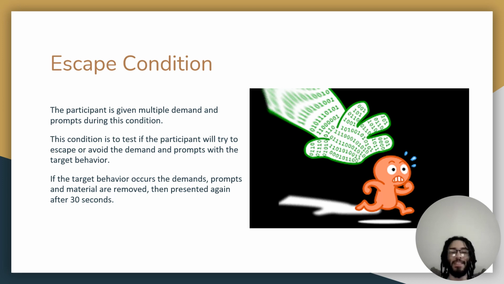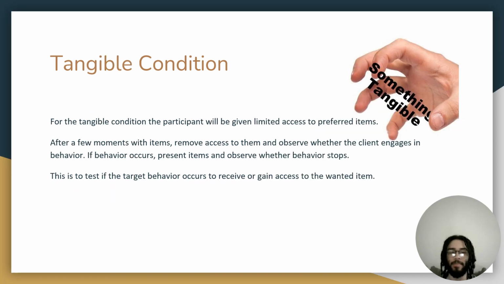This implies that the participant is attempting to escape your demands by engaging in the behavior. If the behavior occurs, remove all of the materials and remove the demands for about 30 seconds until they calm down, and then reintroduce the materials. After a short period, reintroduce the task demands and observe whether the behavior is engaged in again.